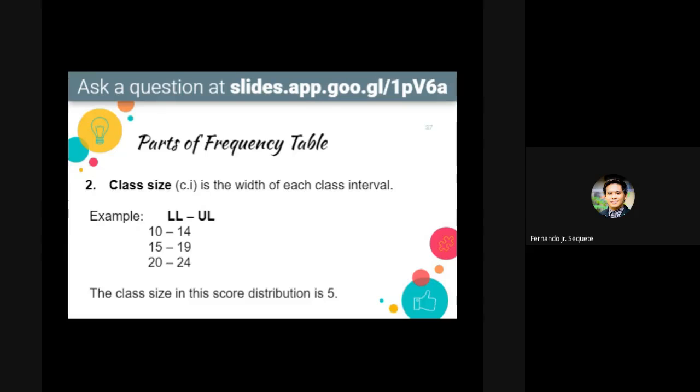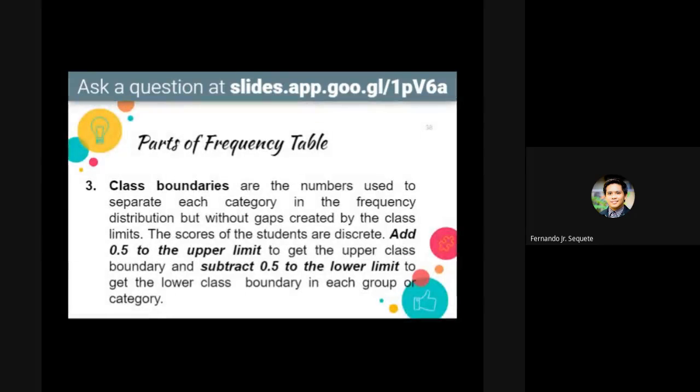Another part is what we call the class boundaries. Children, we just have to follow the rule for determining class boundaries. According to the rule, class boundaries are the numbers used to separate each category in the frequency distribution, but without the gaps created by the class limits.